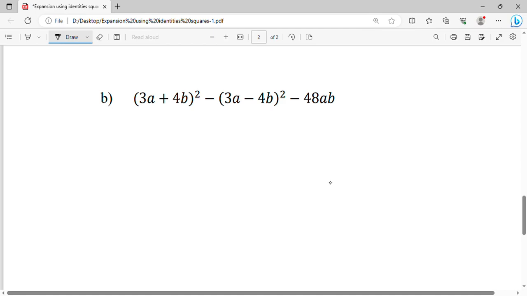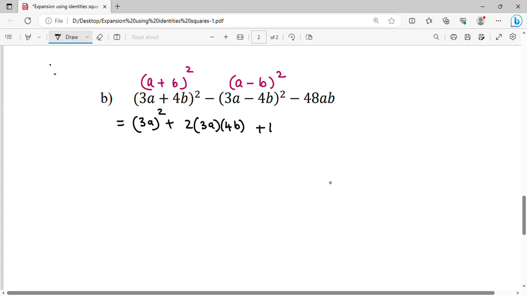So here you will see that this is a plus b the whole squared. This would be a minus b the whole square. So let's do it very systematically. So this would become a plus b the whole squared is a squared, 3a the whole squared plus 2 into 3a multiplied by 4b plus 4b the whole squared, minus.